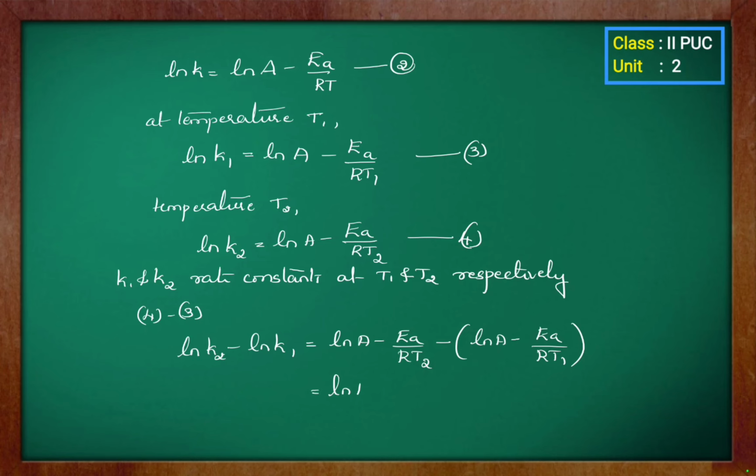This is equal to ln A minus Ea divided by RT2 minus ln A plus Ea divided by RT1. So ln A and ln A get cancelled. We have ln k2 minus ln k1 is equal to minus Ea divided by RT2 plus Ea divided by RT1.